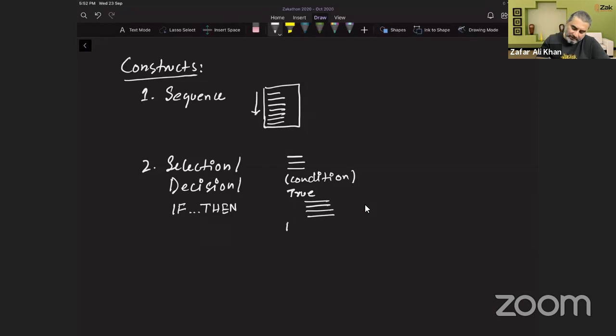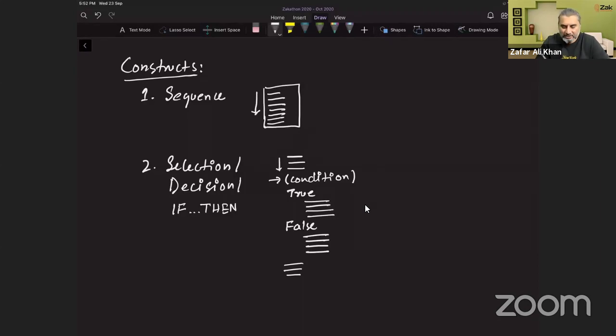If that condition is false, then this false part will be executed, and afterwards the same sequence of the program will continue. So the program starts executing in the order of instructions, then this condition is checked.